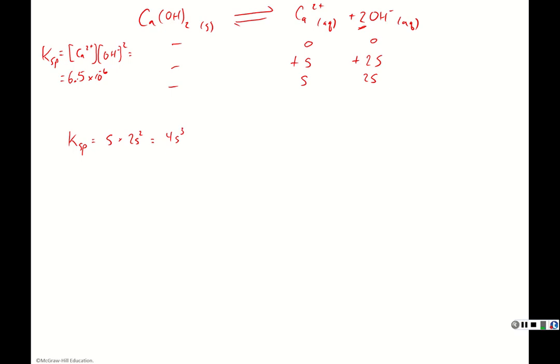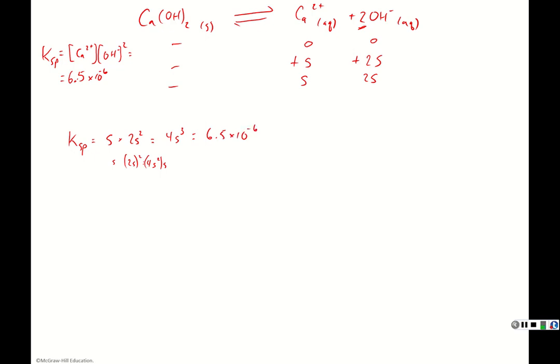Okay, very easy to mess that math up, but just remember your order of operations, right? 2S squared would be 4S squared, but then you're also multiplying by another S, so 4S cubed. Okay. That equals 6.5 times 10 to the minus 6.